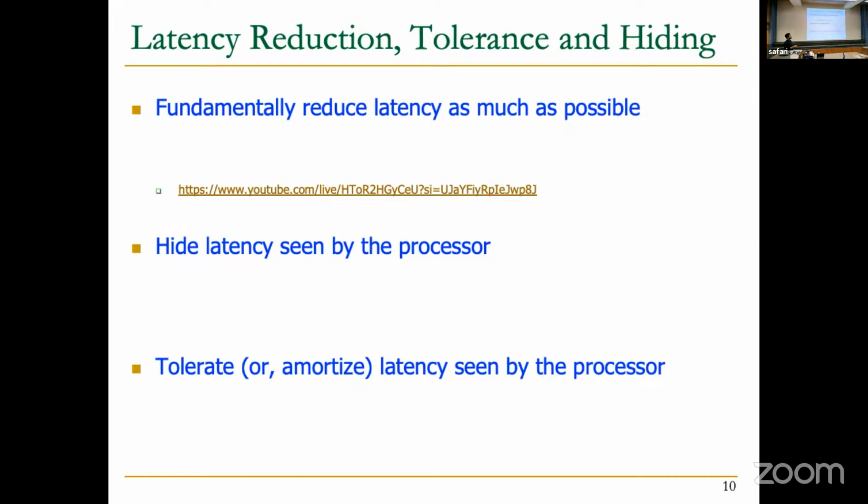And then we have some techniques that tolerate or amortize the latency as seen by the processor. It does not hide it as such, but amortizes the latency in the sense that you have some independent work that can be done while you are waiting for that memory request to complete.